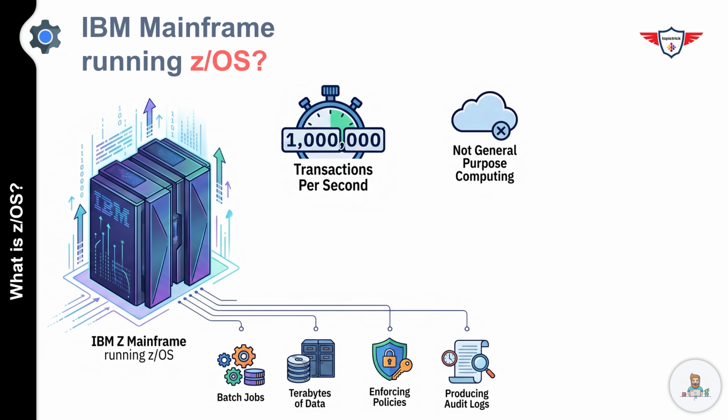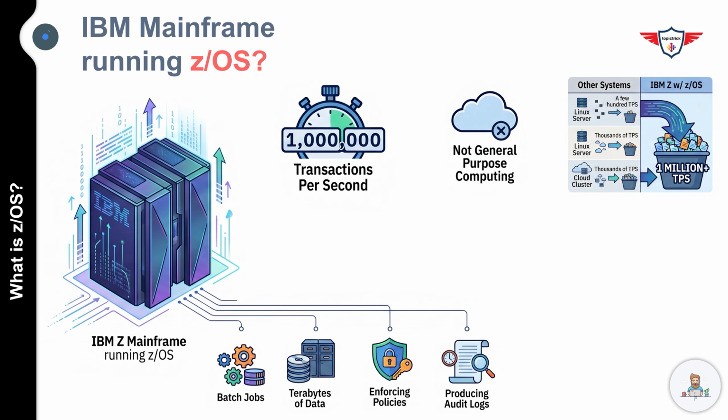A single commodity Linux server might handle a few thousand transactions per second, or maybe tens of thousands if it is well tuned. A properly configured cloud cluster can push that even further. But a single IBM Z mainframe running the z/OS operating system can process over 1 million transactions per second on its own.